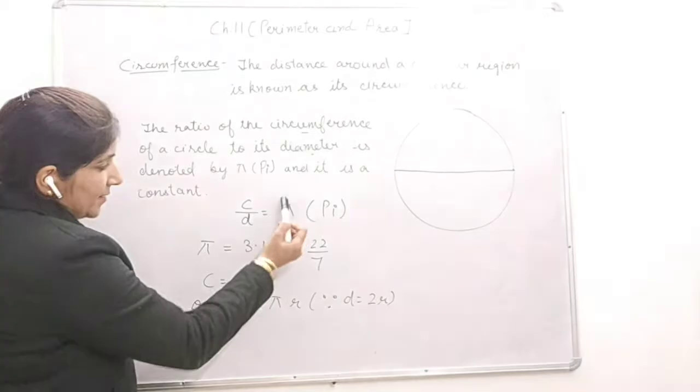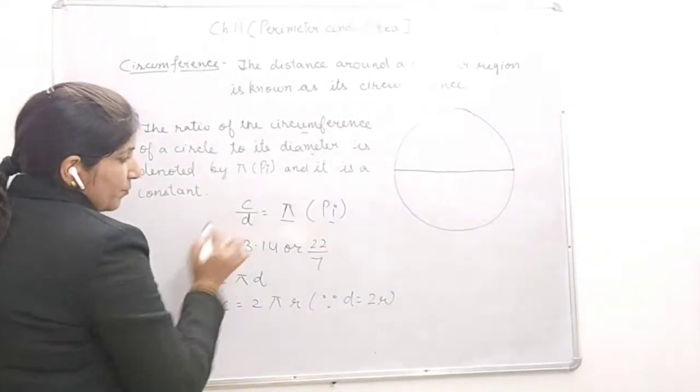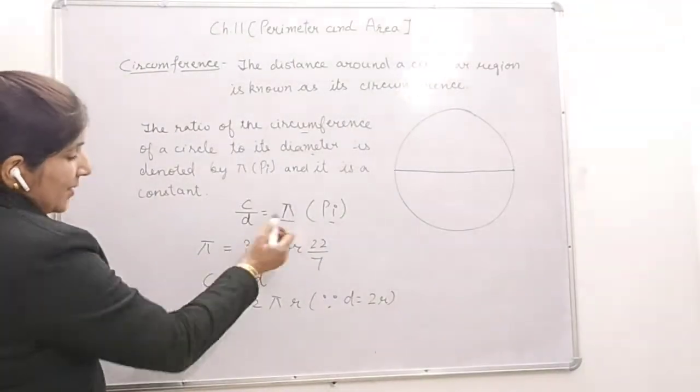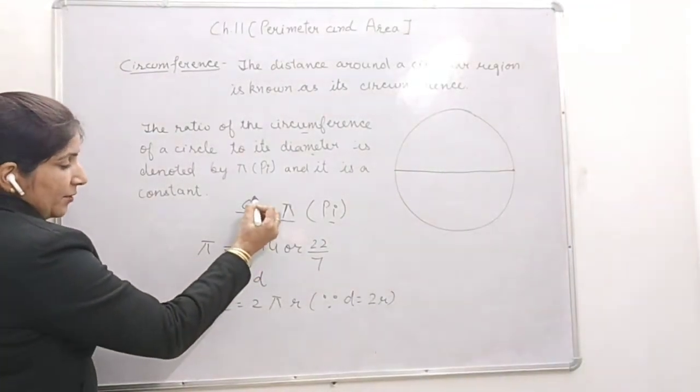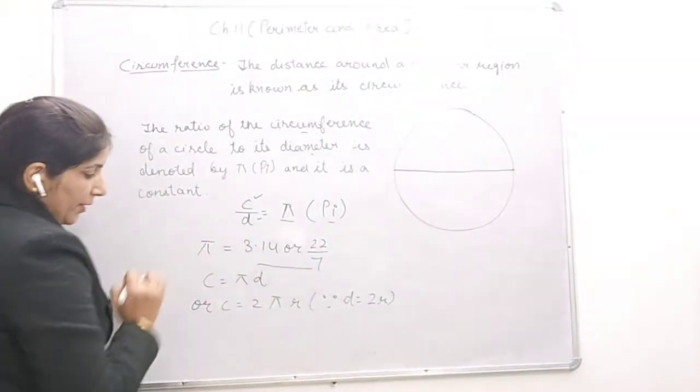We write the symbol pi, and pi is equal to C by D. C denotes the circumference, D is the diameter.